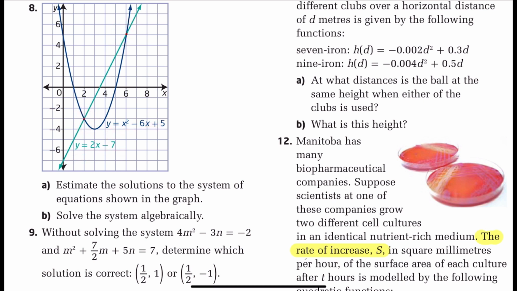This is exactly what you start with: x squared minus 6x plus 5 is equal to 2x minus 7. Put everything on one side, so it will be x squared minus 2x minus 6x plus 5 plus 7, which is x squared minus 8x plus 12.